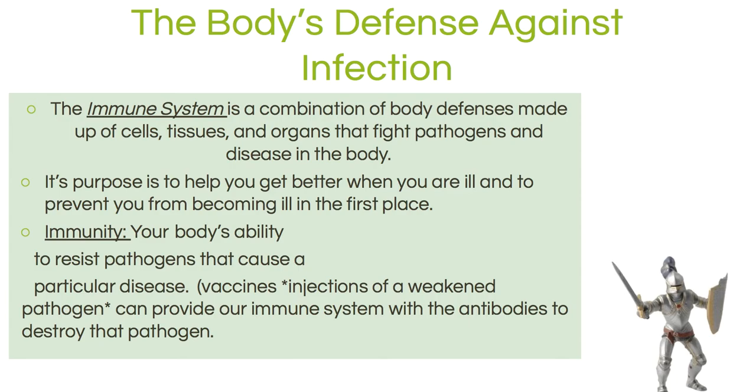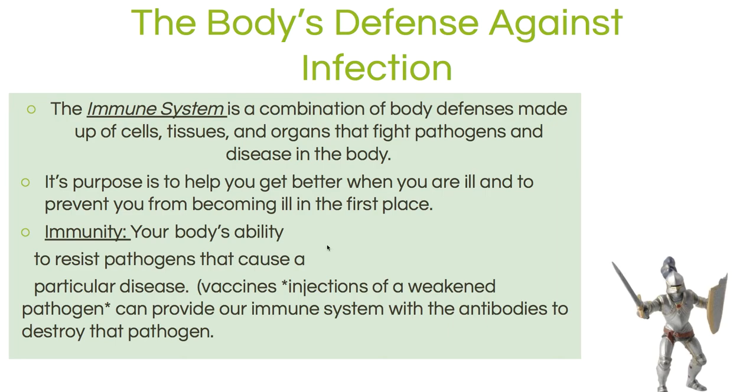So, the body's defense against infection then, well, it's the immune system, of course, and the immunity that perhaps we acquire against diseases. And note the use of the word pathogen here. You need to know what a pathogen is. If you don't, look it up.